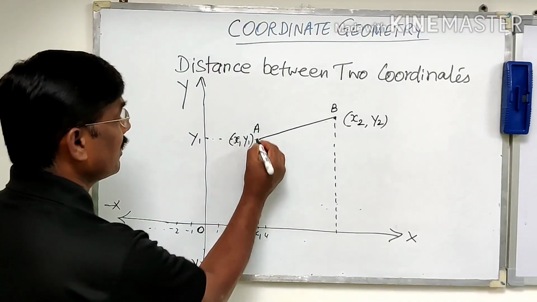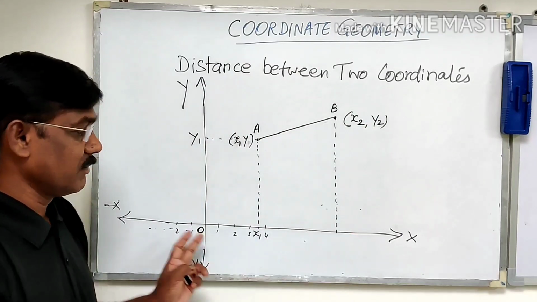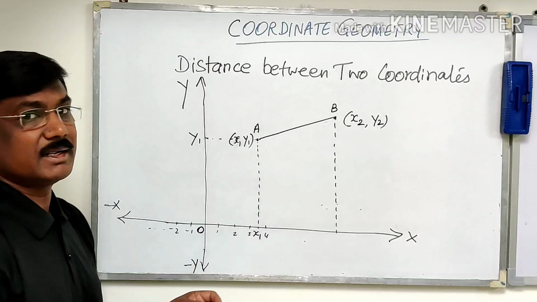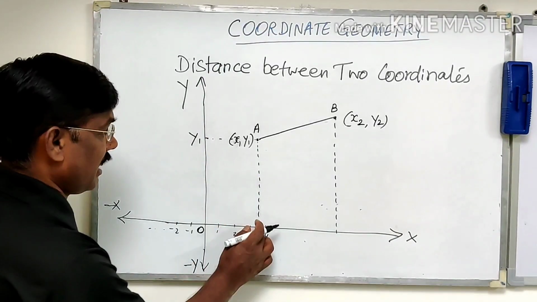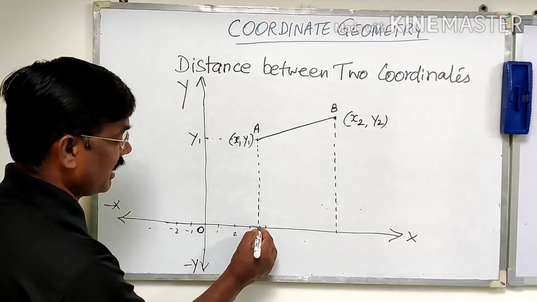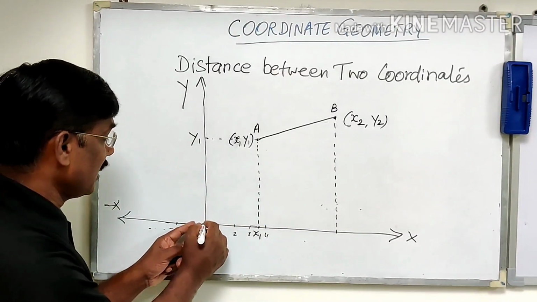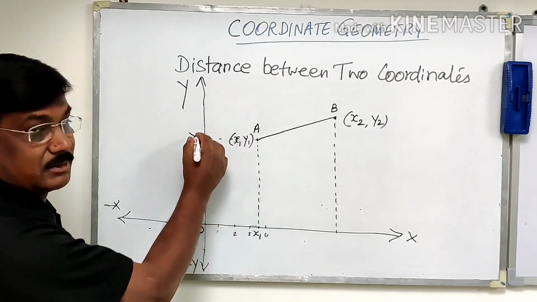This point on the Cartesian plane, this is called the Cartesian plane or Cartesian coordinate, is represented by two pieces of information. One is how much it is from the origin on the x axis, and similarly, how much it is on the y axis from the origin.